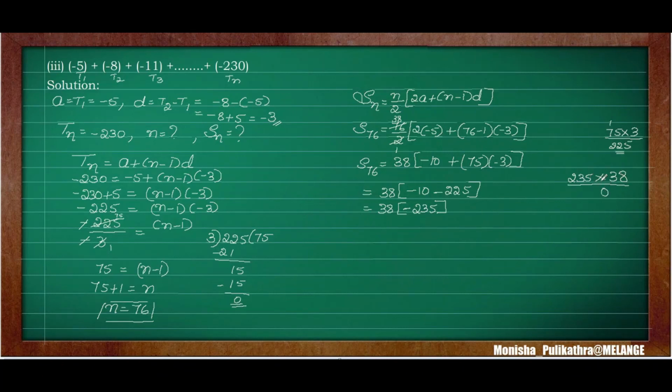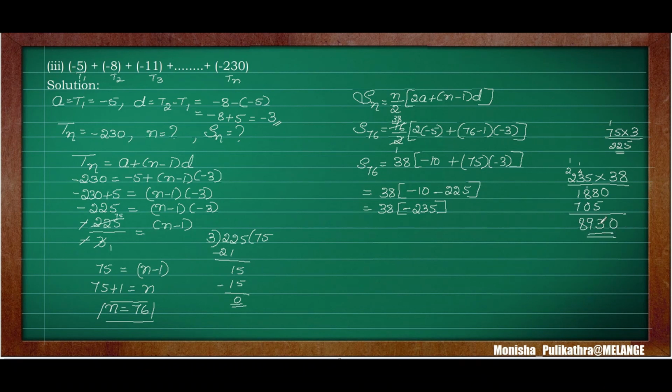So 8 5s are 40, 4 carry, 8 3s are 24 plus 4 is 28, 8 2s are 16 plus 2 is 18. Okay, next 3 5s are 15, 1 carry, 3 3s are 9 plus 1 is 10, 3 2s are 6 plus 1 is 7. Okay, so 0, 3, 1 carry, 9 and 8.